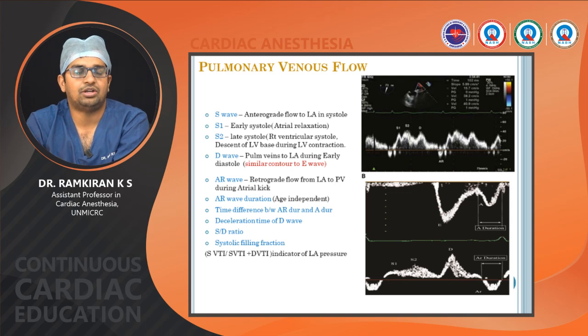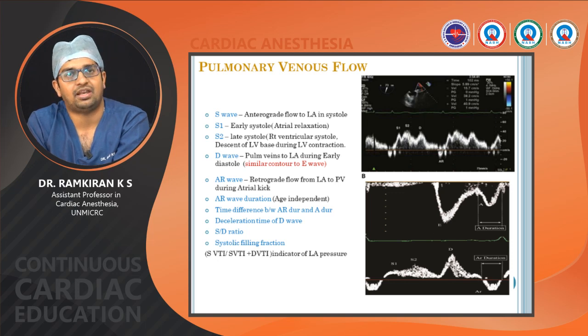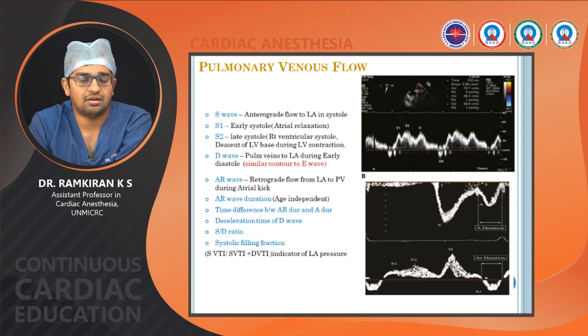So coming to the fourth aspect, that is pulmonary venous flow. Here basically we have an S wave, S1 and S2, which is seen in early and late systole, and D wave which occurs in the early diastole. These are seen above the baseline, whereas the AR wave, which is due to the retrograde flow from LA to pulmonary veins during the atrial kick, is the wave which is seen below the baseline.